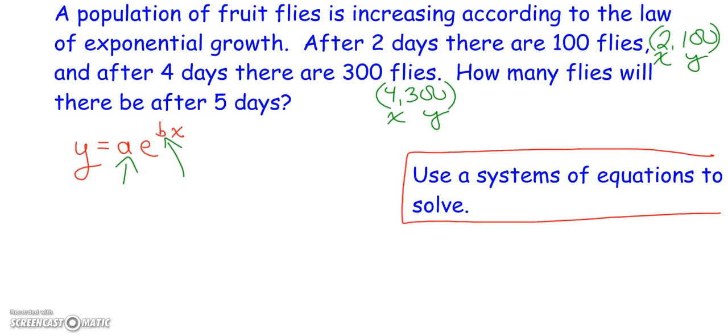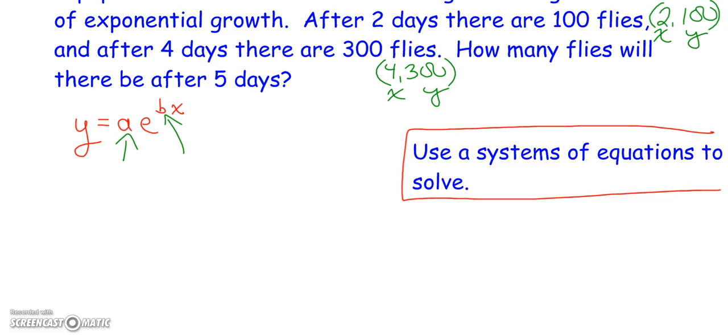Well, if I substitute these two coordinates, let's take this first one. I'll put the rectangle in blue around it. If I substitute it into my exponential equation, what I have is 100 equals a, e is our constant, I don't know what b is, and x is 4, so I'm going to call it 4b. Oh, I'm sorry, x is 2. My fault there. I'm going to call it 2b.